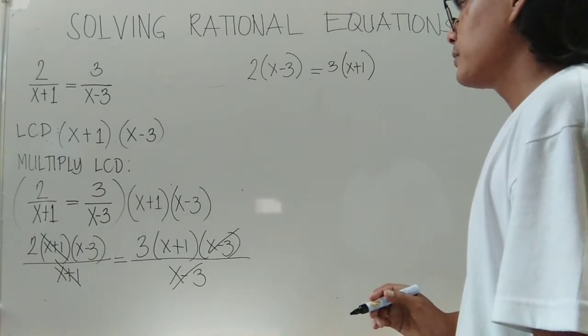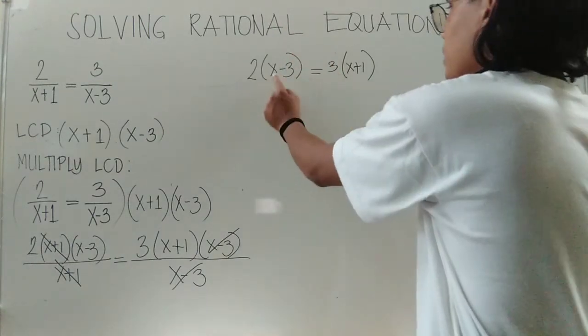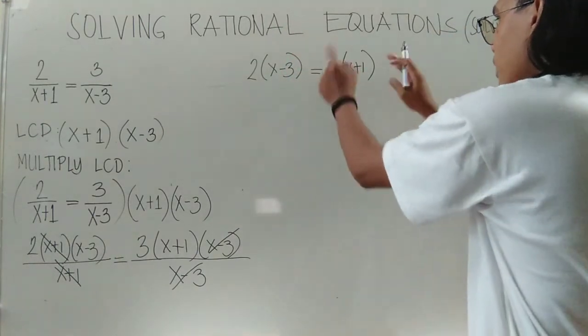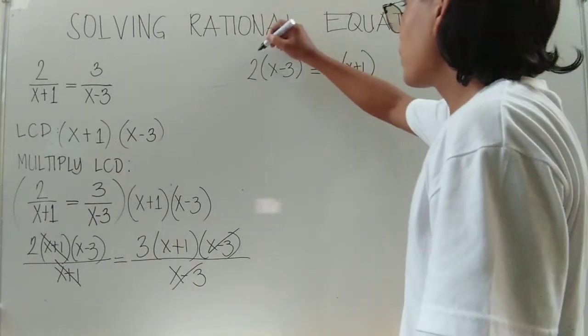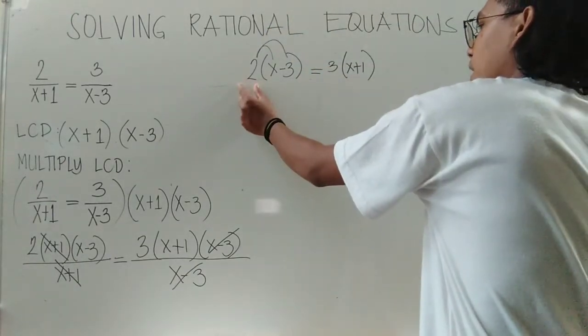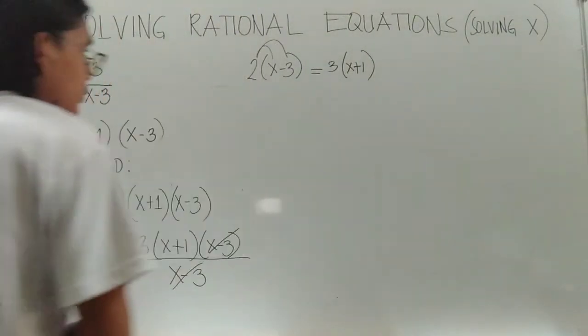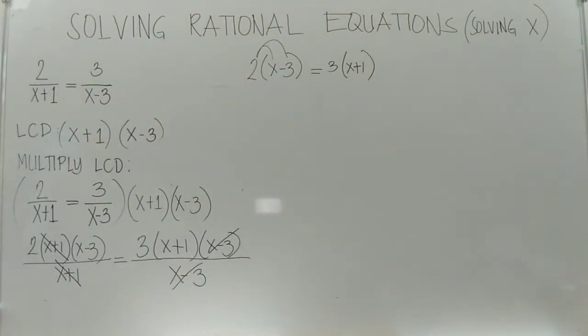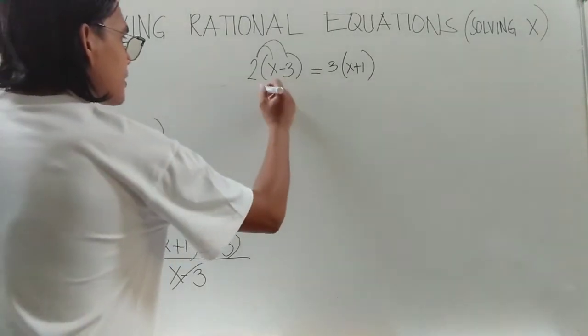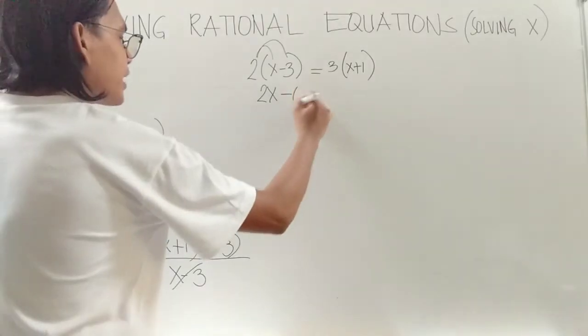Okay, so let us continue. We have 2 times the quantity of x minus 3 equals 3 times the quantity of x plus 1. We will simplify it by the distributive property of multiplication. Let us distribute 2 to the binomial inside the parentheses: 2 times x is 2x, then 2 times negative 3 is negative 6.